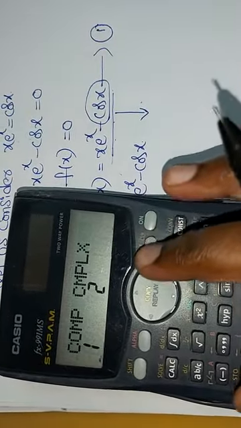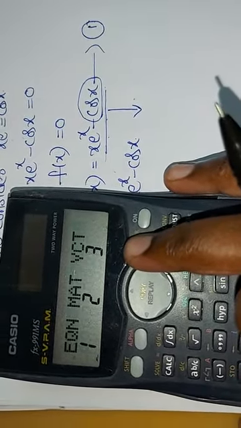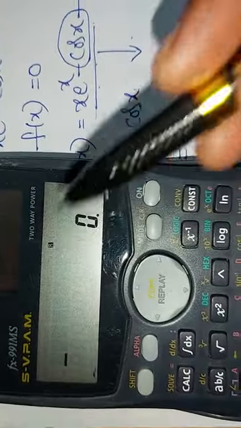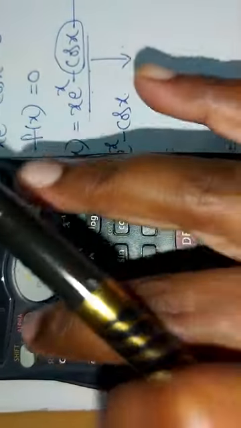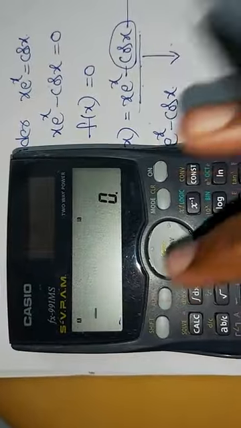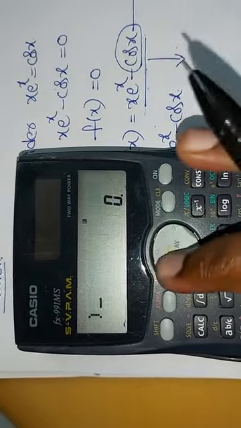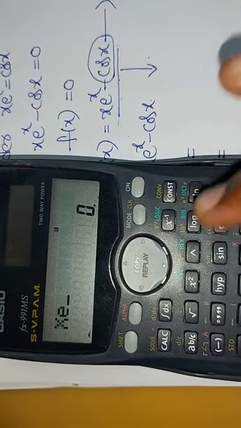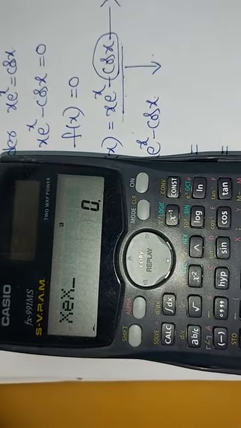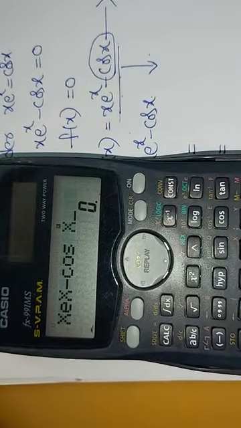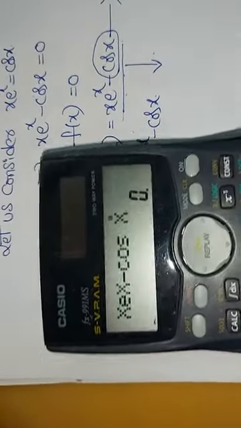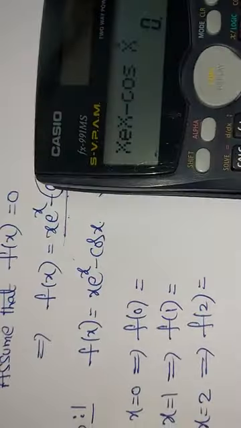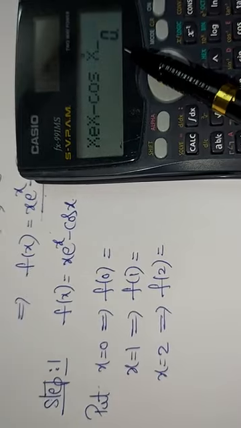First of all, I put the calculator in radians mode. Now I have to save the equation: x into e power x minus cos x, that is f of x. So what is our f of x? x into e power x minus cos x.